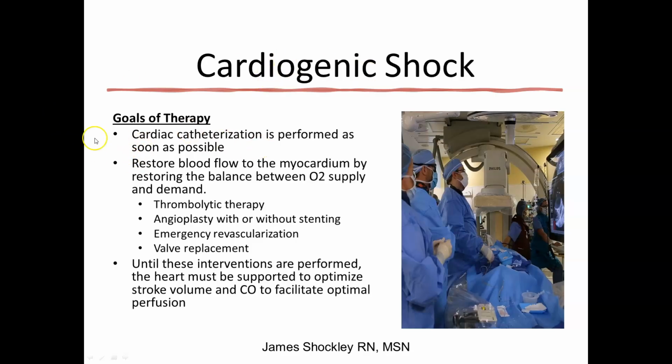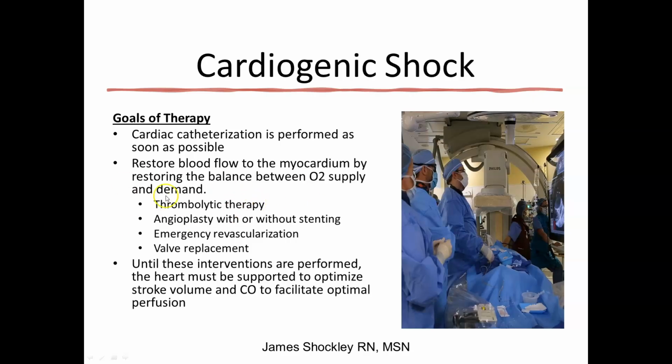If we think that this has been brought on because the client has had a myocardial infarction, part of what we talk about with MIs is sending them to the cath lab. We're going to do that as soon as possible. Now, of course, there's always the risk of that reperfusion dysrhythmia, but it's more important that we restore cardiac output, we restore blood flow.